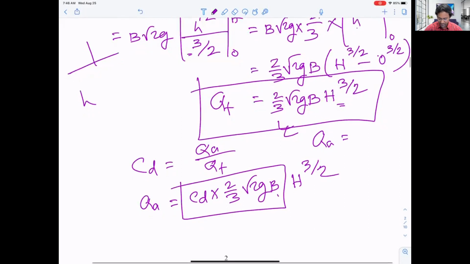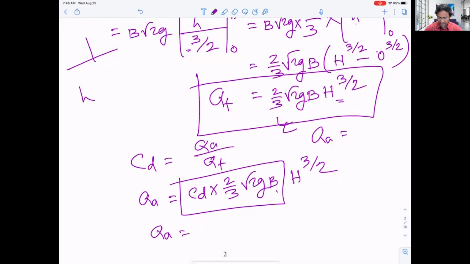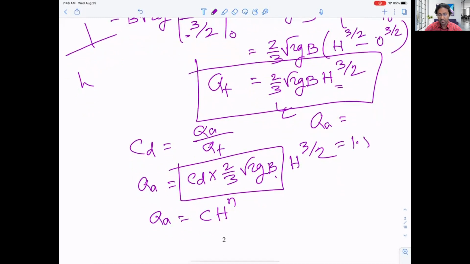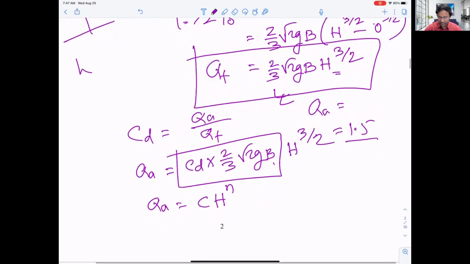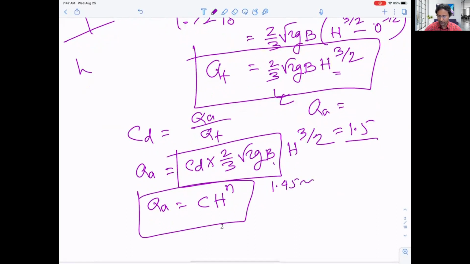So we can replace that part with C, and then the power of h will be unknown, n. This time it is 1.5, but previously we saw it was half. Now we know the theoretical n, the exponent of h from theory, is 1.5, but we have to be able to calculate the n, and we know that it should be somewhere between 1.45 and 1.55.